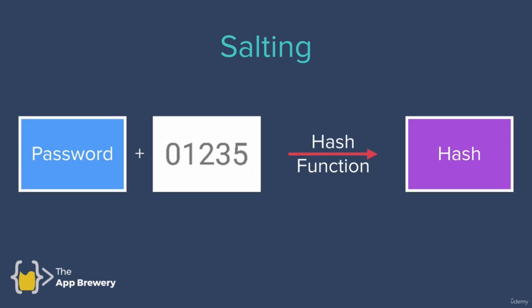And those characters, along with the user's password, get combined and then put through the hash function. So the resulting hash is created from both the password as well as that random unique salt. So that means no matter how simple the password of the user is, adding that salt increases its complexity, increases the number of characters, and we make our user database a lot more secure.